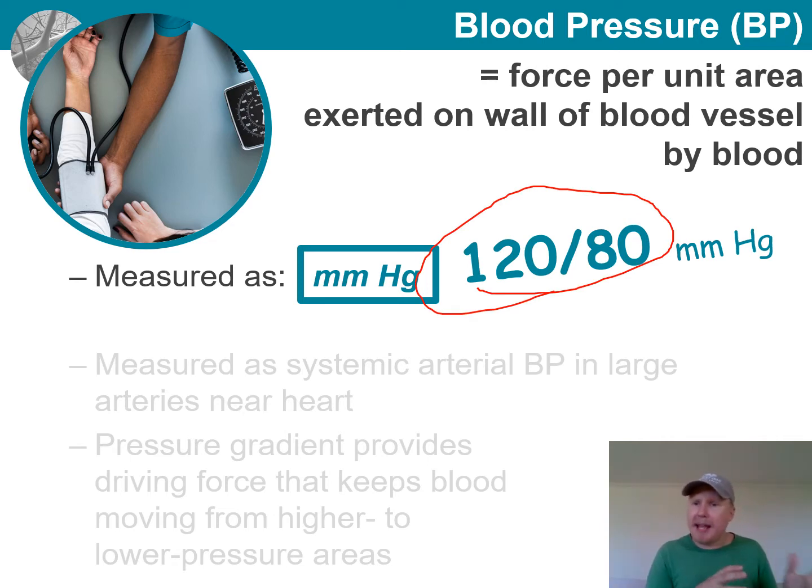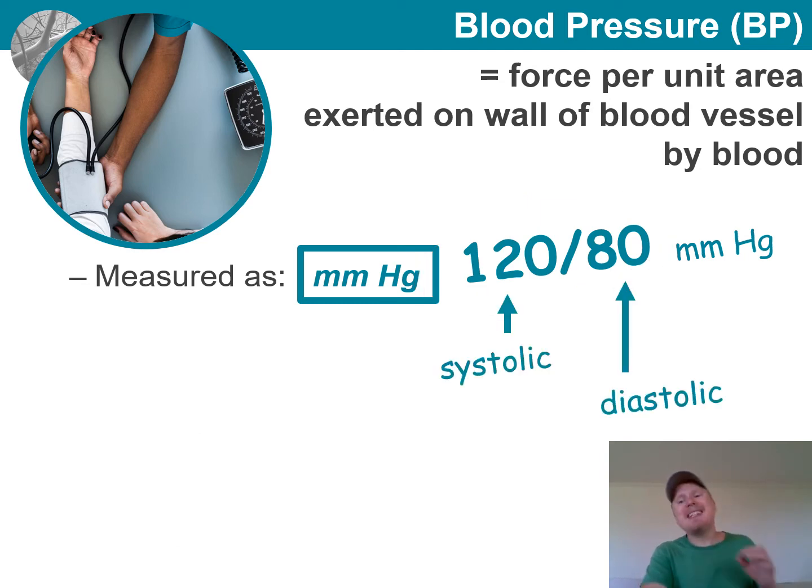Some accept anywhere between 90 to 120 for the higher and 60 to 80 for the lower values. It depends a little bit. But what are these two different numbers? Why do we get two values for the blood pressure? Well, these are our systolic and diastolic values.